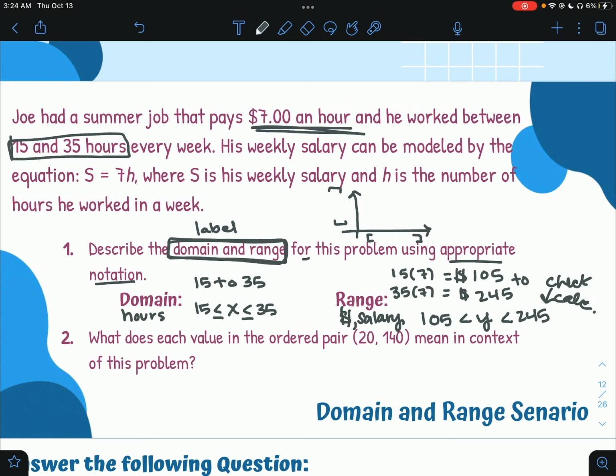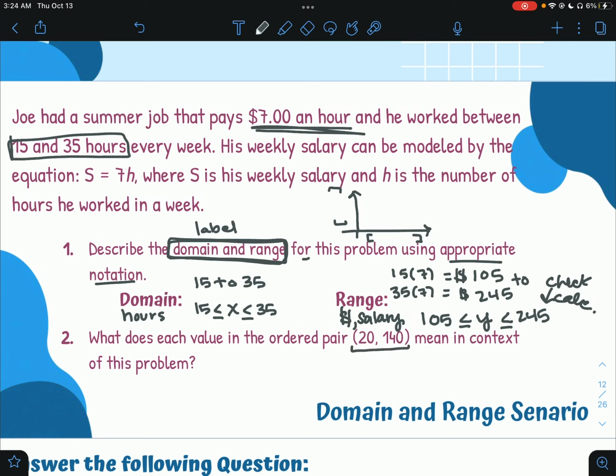Now, we need to consider, if I work 15 hours, am I getting paid $105? Yes, exactly. So it's equal to. If I work 35 hours, I'm getting paid exactly $245. It is equal to. Our second question is, what does each value of the ordered pair mean in the context of the problem?